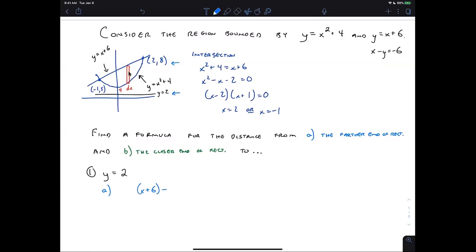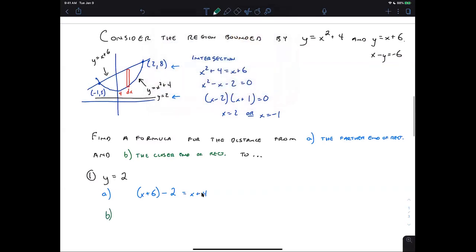The bottom y within that distance is what? So what's this bottom y value? 2. So x plus 6 minus 2, which then simplifies to x plus 4. And again, the important part is what you're subtracting in what order, and then the simplification's easy. Does that make sense to everybody? I'm getting that? Okay, so you guys do part B.